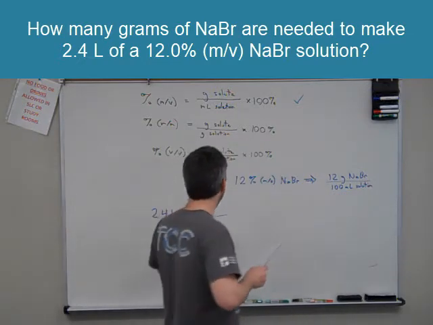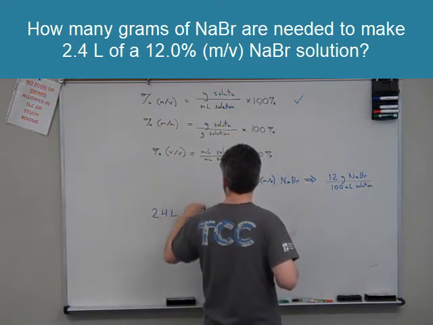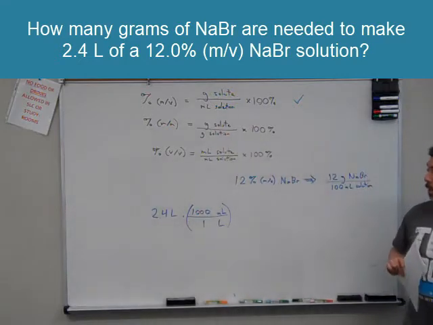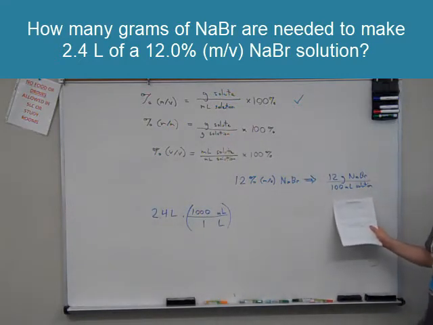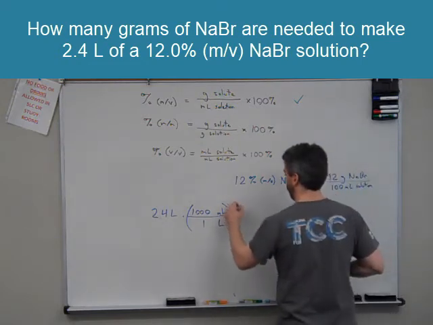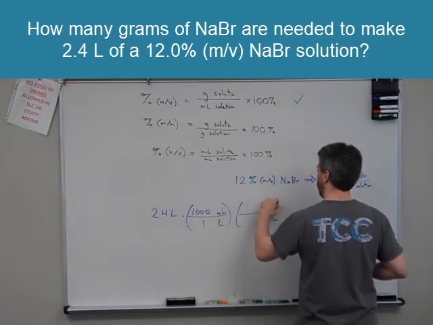Convert to milliliters. So liters is going to be converted to milliliters: 1,000 milliliters equals 1 liter. And then from there, I can use this conversion factor and convert milliliters to grams of NaBr.